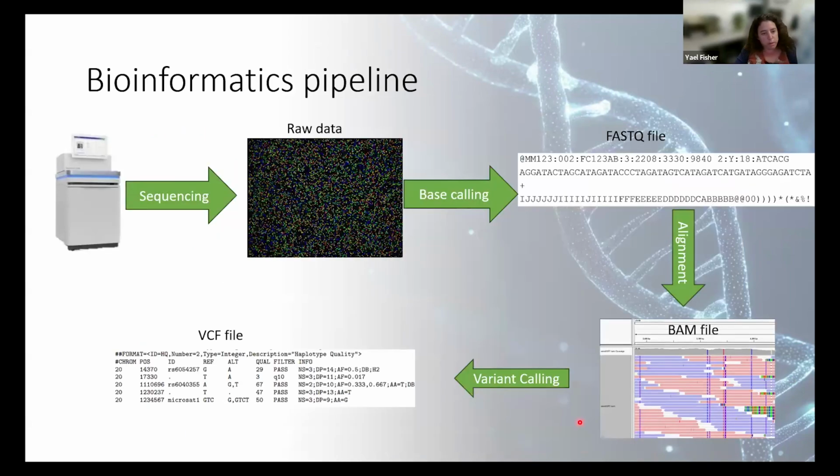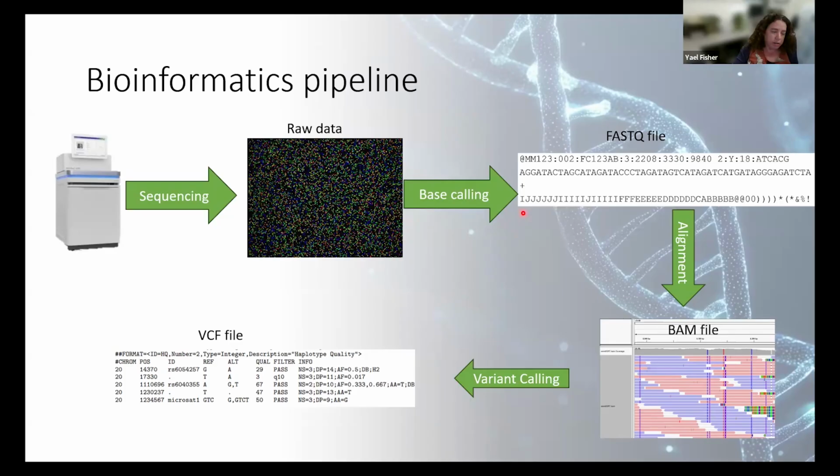So to summarize what we did today, we looked at the bioinformatics pipeline, which is the process that starts from the sequencing results and ends in a variant caller file. We started from the raw data, then that was the result of the sequencing.